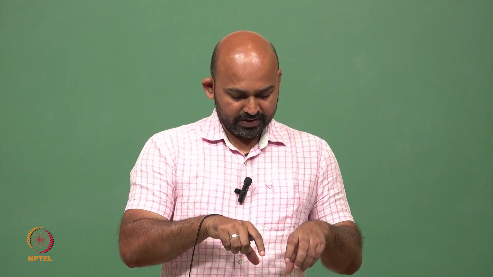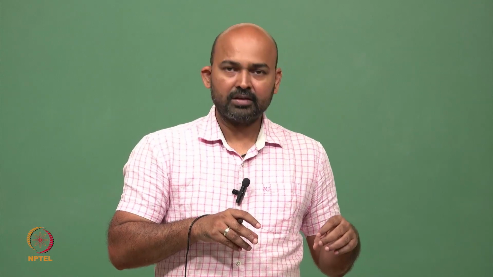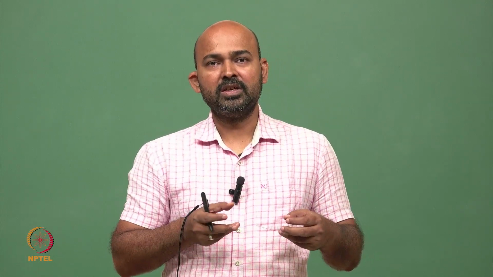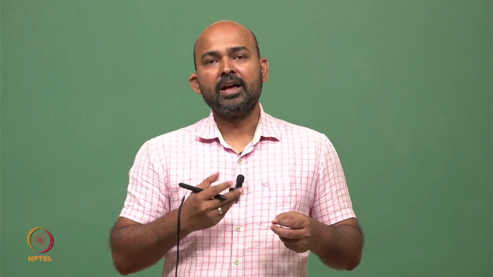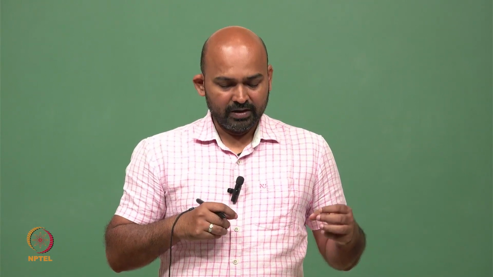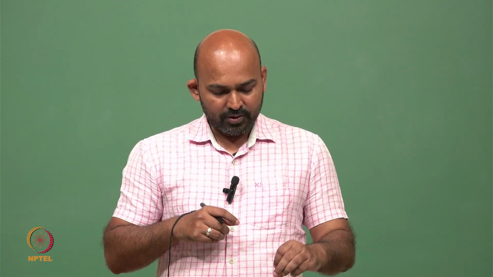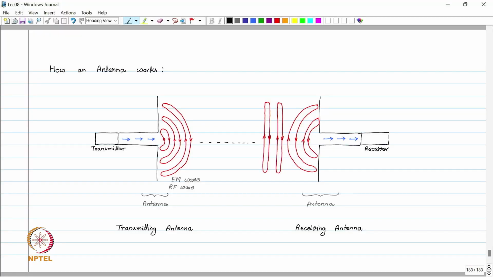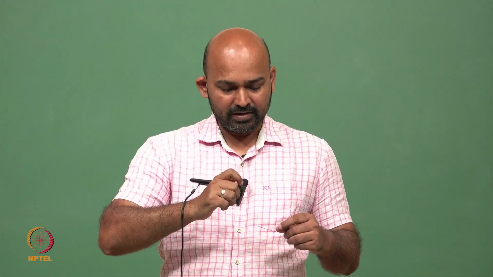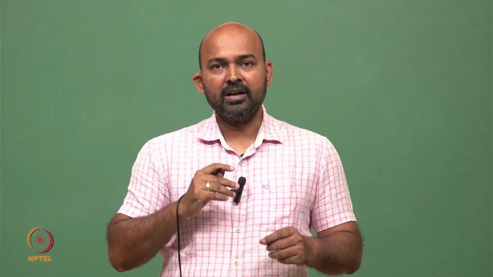For example, in the transmitting antenna, we connect the antenna to an electrical transmitter, which produces a time varying signal, or a sinusoid wave. When this sinusoidal electrical signal is applied to the antenna, it produces a movement of charge along the length of the antenna, for example from the middle towards the edge.